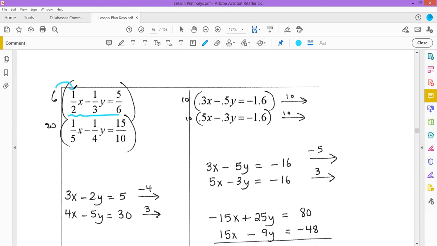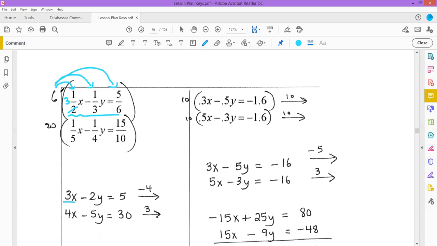So first we're going to distribute 6 to each of the terms in that top equation. And when we do that, that 2 will cancel with the 6, leaving 3. 3 times 1x gives us 3x. Our first term, 3x.